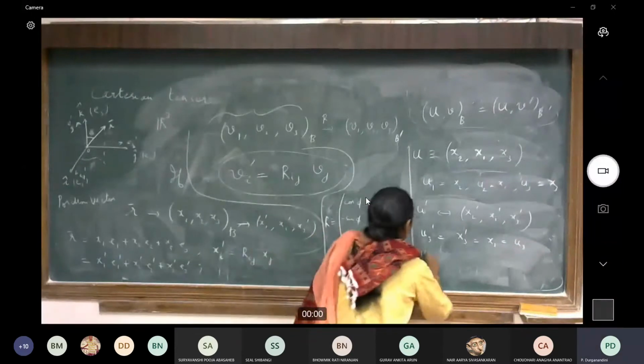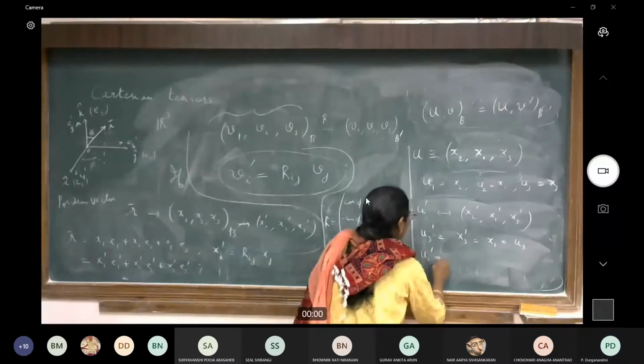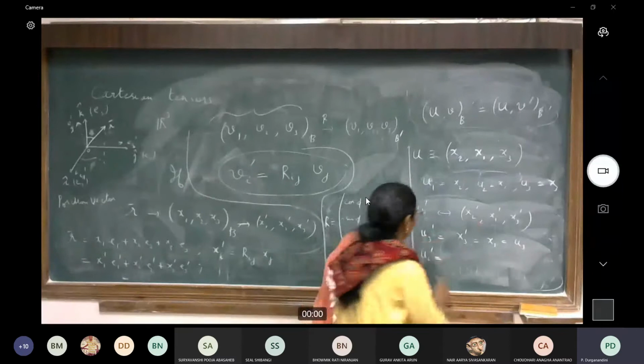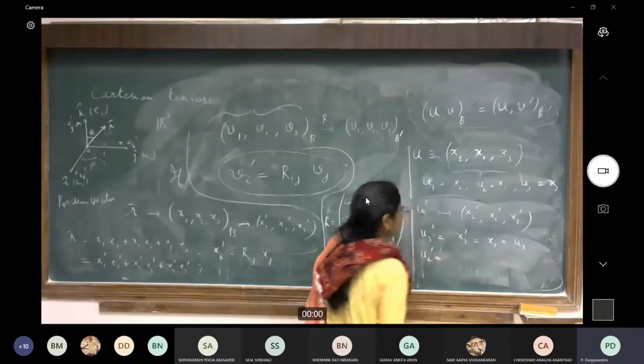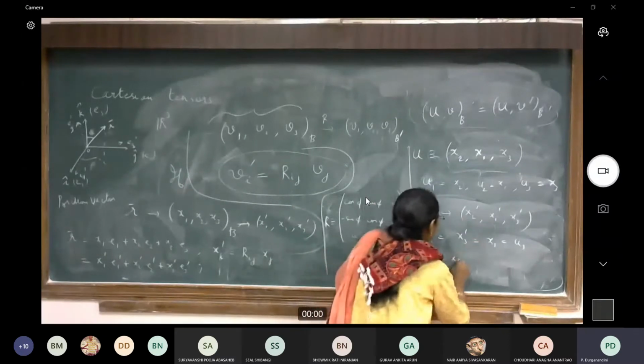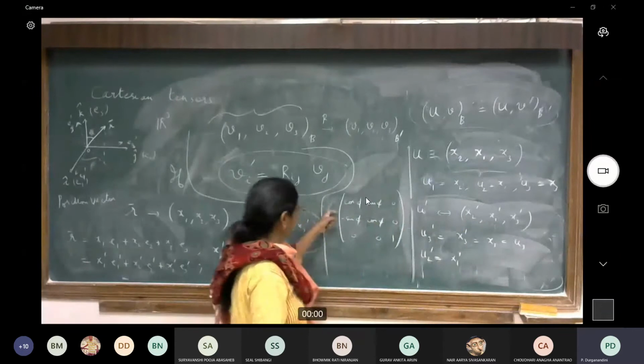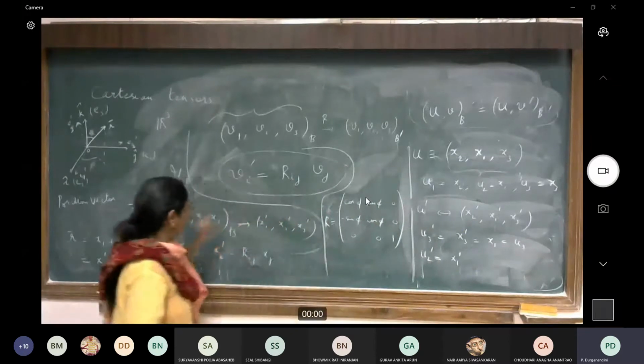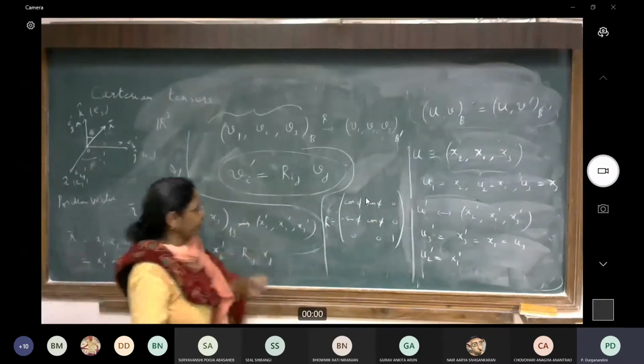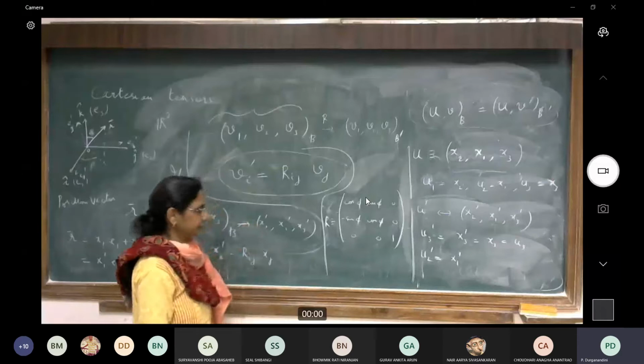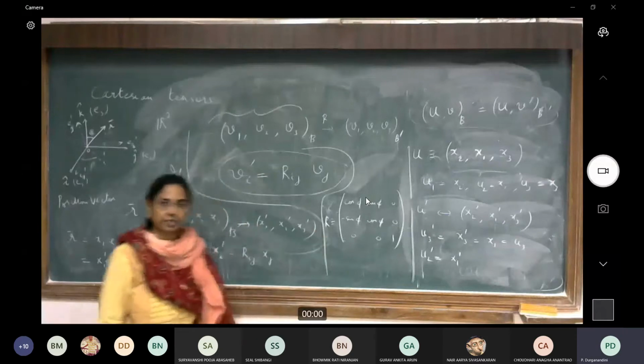What about U2 prime? Let's start with U2 prime. U2 prime is x1 prime. But from our usual way of how the position vector transforms, what is x1 prime under this particular rotation transformation?